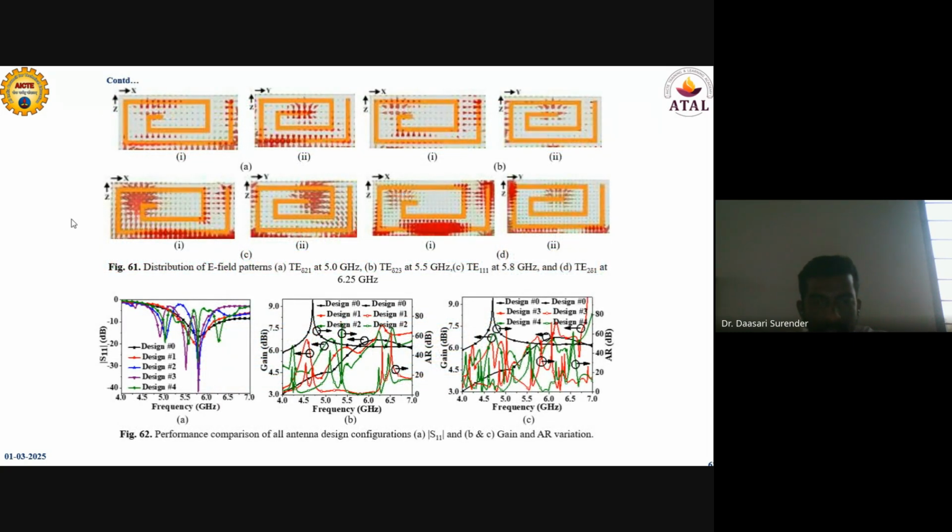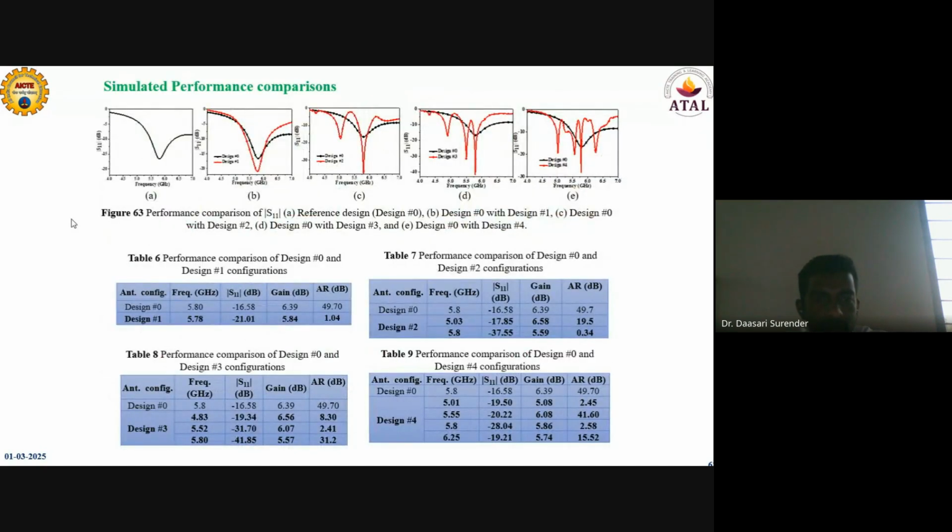The performance characteristics of the different antennas are presented in figure 62, and a performance comparison is also presented for the different antenna designs. In table 6, in figure 63, we can see design 0, that is the basic reference design, which is the rectangular dielectric resonator antenna without any spiral facet on the surface, operating at 5.8 gigahertz.